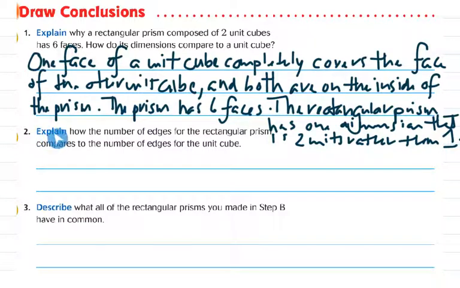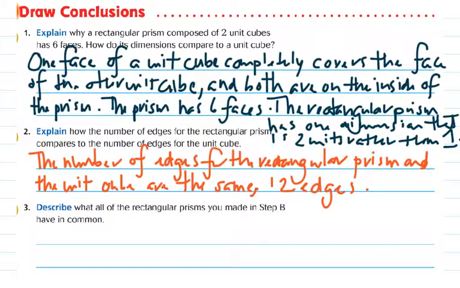Number 2, explain how the number of edges for the rectangular prism compares to the number of edges for the unit cube. Our answer, the number of edges for the rectangular prism and the unit cube are the same, 12 edges.